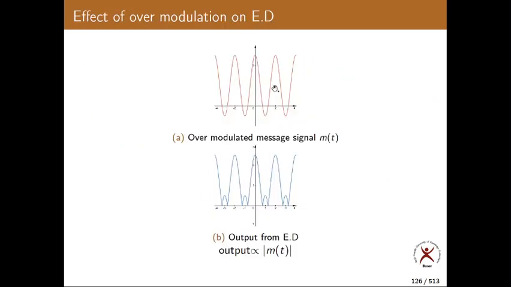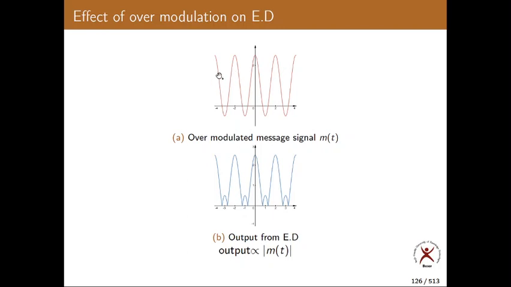I told you in the previous classes, whenever mu is more than 1, you get a distortion called envelope distortion. And just now I told you, if mu is more than 1, you cannot demodulate your original AM signal. In the last classes we have seen one of the cases where mu is more than 1.